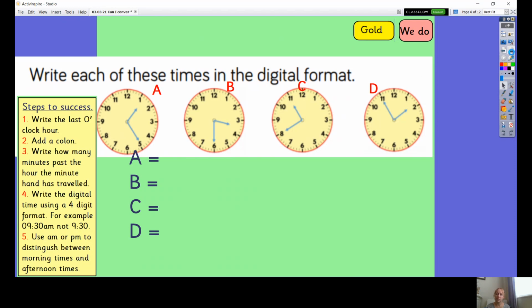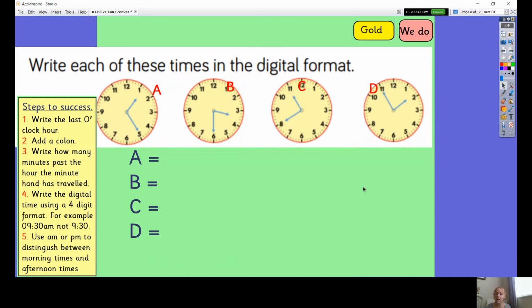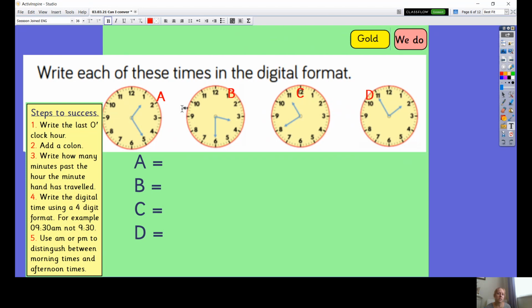Okay, so, oh, I didn't write the answers down. We'll do that quickly now together. So we'll just move that up a little bit. So for A, the time, hour hand first, it's gone past the 1. So I'm going to put 01.